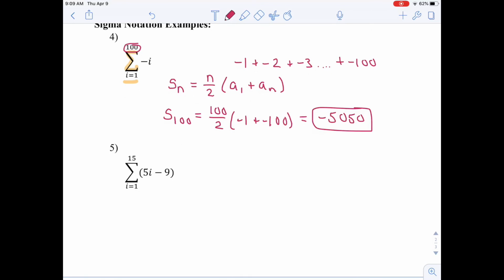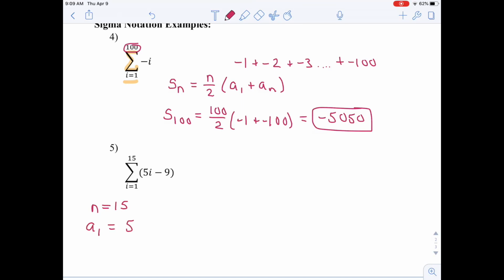And then for the last one here, again, this is saying, here's our sequence, 5i minus 9. I start by plugging in a 1, then plus whatever I get for plugging in a 2 for i, and go all the way through for the first 15 terms. Well, we know that we're going to have 15 terms.